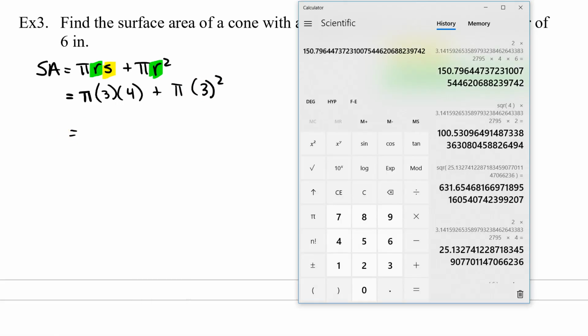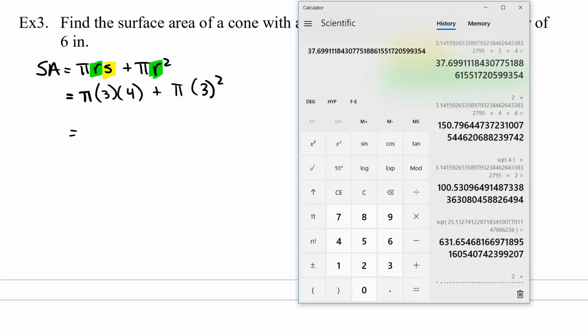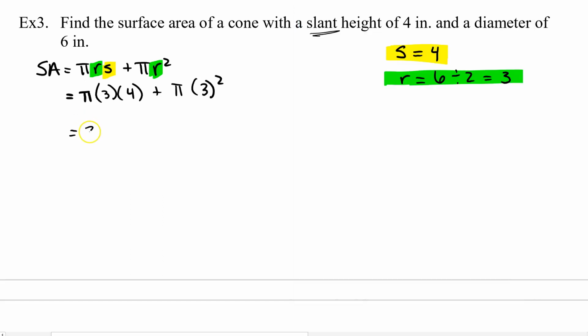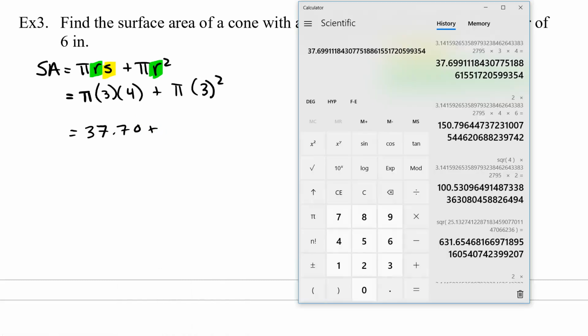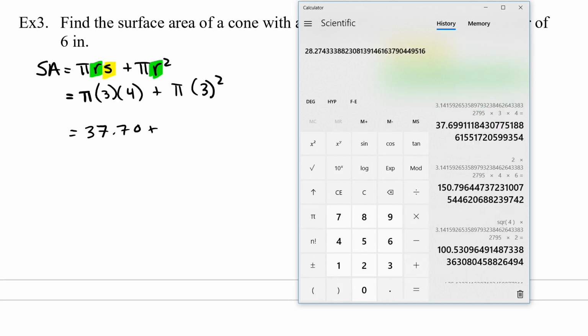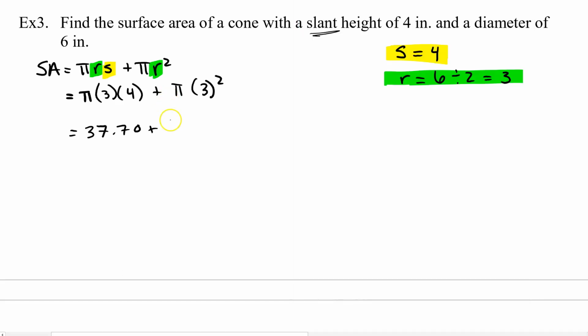I'm going to take my trusty dusty calculator here, so pi times 4 times 3. I think I said that backwards, but that's okay. So it's 37.699, which is 37.7. Plus, remember, it's the same thing here. 3 squared, which is 9, times pi equals 28.27.